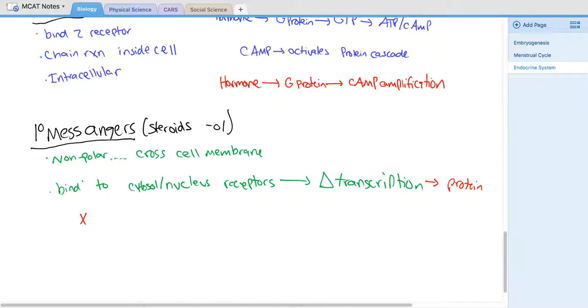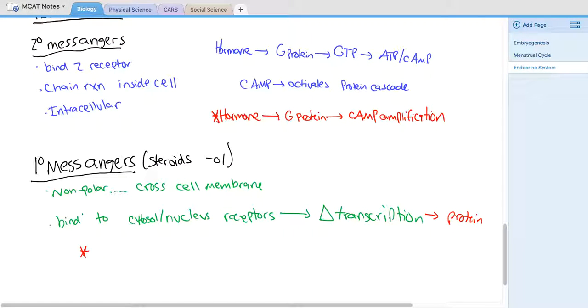So the basic idea for primary messengers is you're going to have a primary messenger, which will induce transcription, and this will ultimately make a protein. And then the protein can be modified in the Golgi apparatus, shipped off, or act on itself.